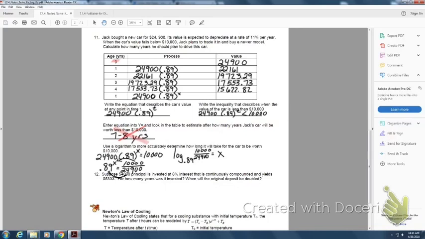Could you solve for 10,000 divided by 24,900 first before you put it the other way? You can, but the thing is if you do that, so do that real quick. If you didn't hear AJ, she asked, can you figure out what 10,000 divided by 24,900 is first, and then put that in there?